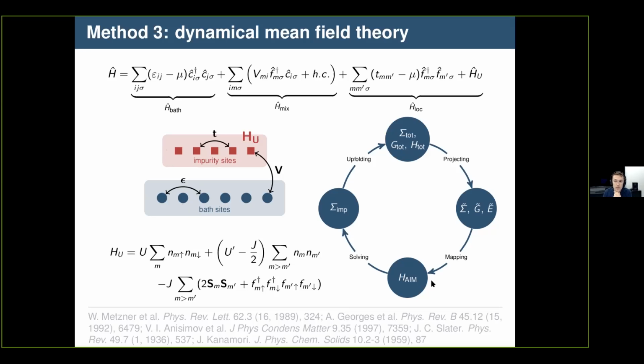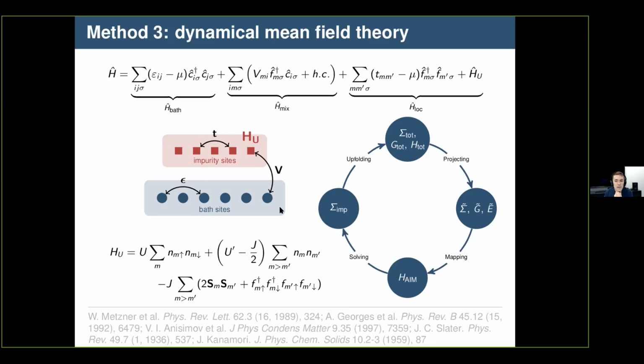Basically, in the process of this mapping, we choose these hopping parameters, epsilon and V, such that the physics of the ambient system is most accurately captured by these bath sites, or specifically the Green's function of this Anderson impurity model. We try to make sure that that's reproduced as accurately as possible.